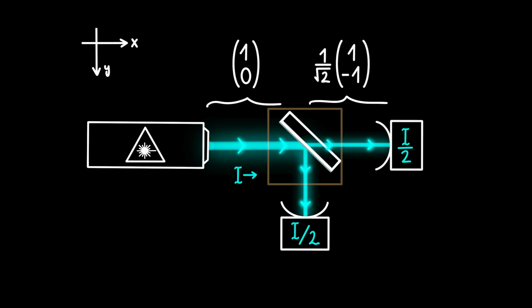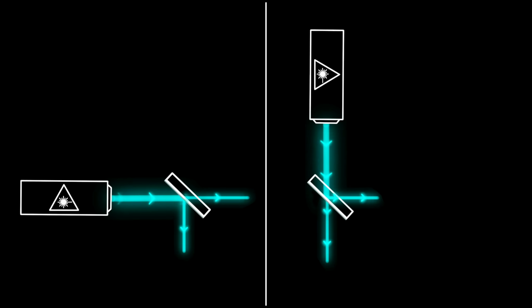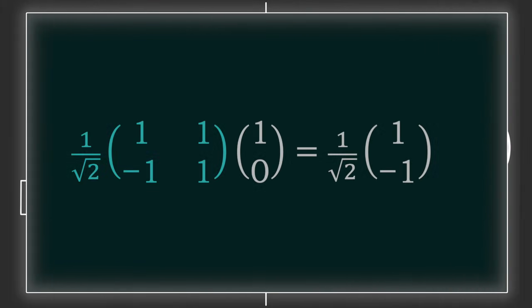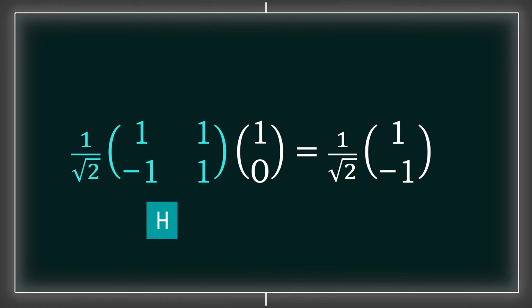Next, we want to model the behavior of your half mirror. It will be the operator H that transforms the first vector into the second vector, and it should reflect the correct phase relation, respecting that for the asymmetric design, there's only a phase shift for light coming in from the left. This often takes some trial and error, but after some thoughtful tinkering, you may discover that this matrix here gets the job done.